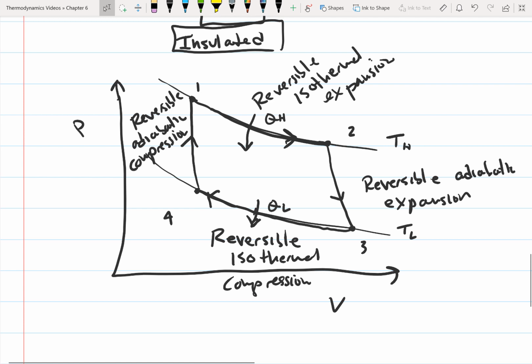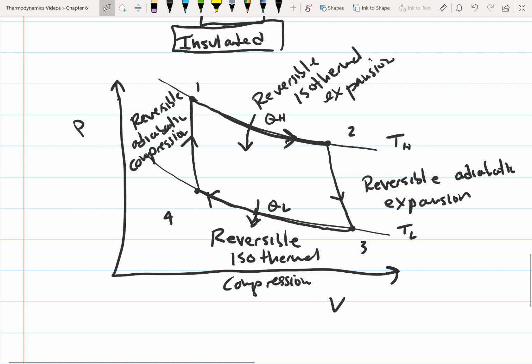So the heat transfer that doesn't affect a temperature change is an idealized process, because normally if you add heat you would expect the temperature to rise, or if you take heat out you would expect the temperature to decrease. So this is an idealized process when we're saying that we're adding or taking away heat and we're not changing the temperature. And we also have work that's being done with no heat exchange.